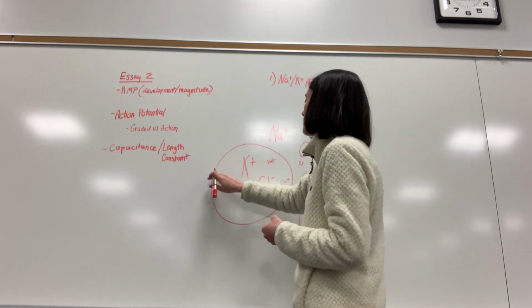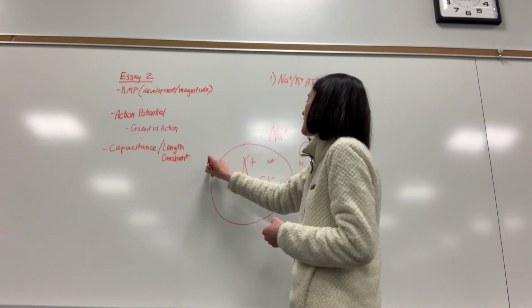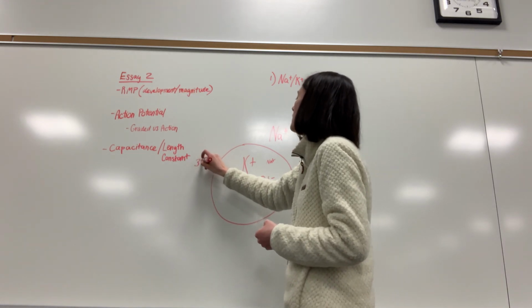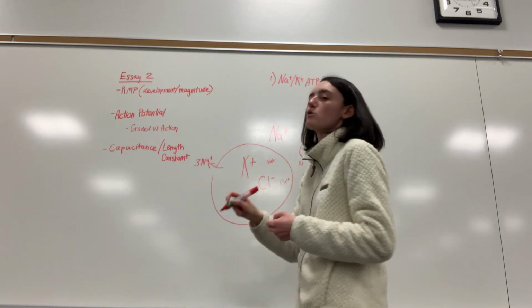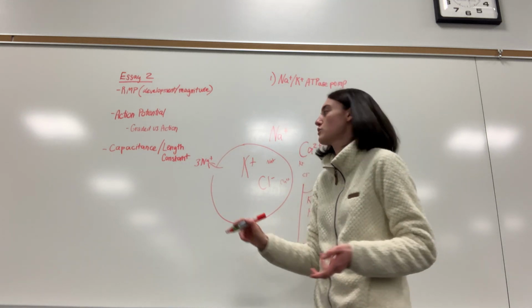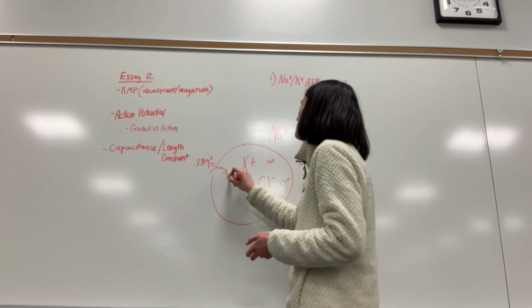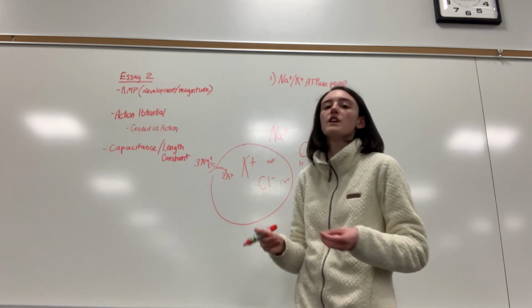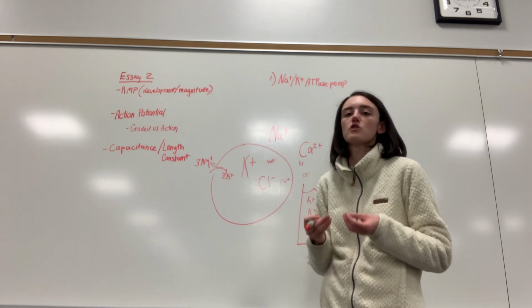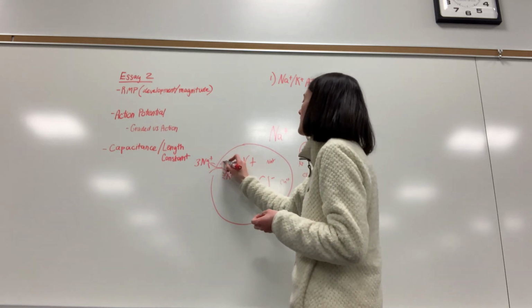So basically, as a review, we know that 3 sodiums will go outside the cell against their concentration gradient, and 2 potassiums will flow into the cell against their concentration gradient, and that is by the help of ATP.